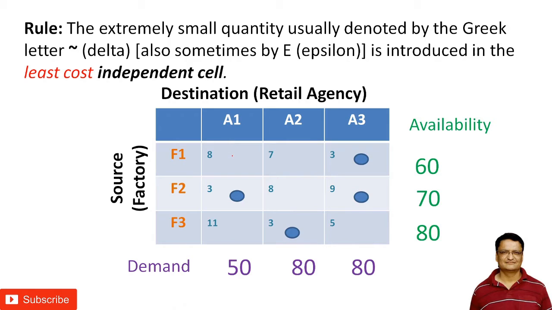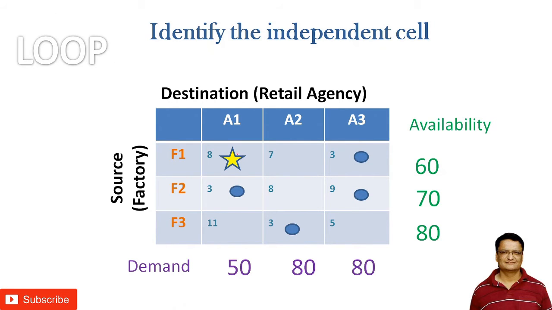So I need to find out, of these blank cells, which is the independent cell having the least value. Okay, so let us try at this point. I want to verify whether this cell is independent or not.